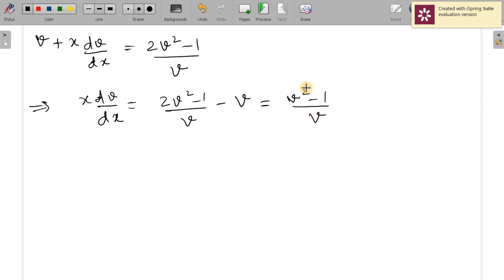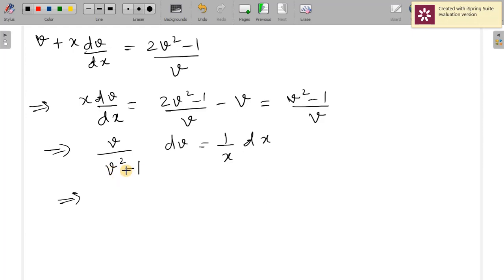Now this is a separable variable equation. You can see that you can separate the variables. I'll take v on one side, so that becomes v upon (v² − 1) into dv, and this term appears on the right hand side as 1 by x into dx. Now everything is in terms of log, so while integrating, you can directly integrate.